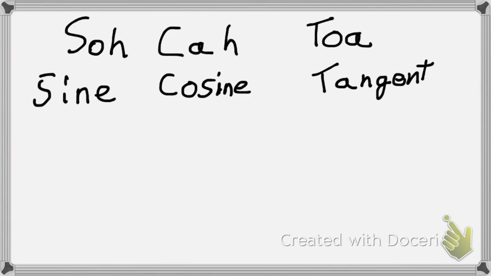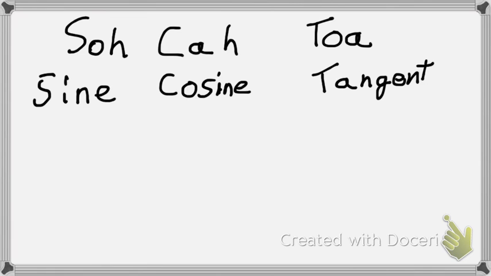And how we remember what each one of those are is with the mnemonic SOHCAHTOA. SOHCAHTOA is how we remember which sides of the triangle form which trigonometric ratios.